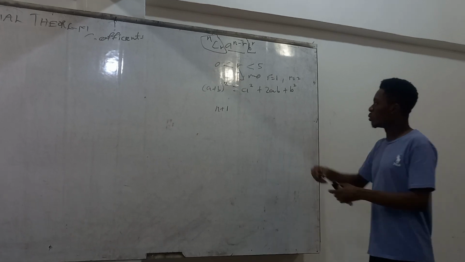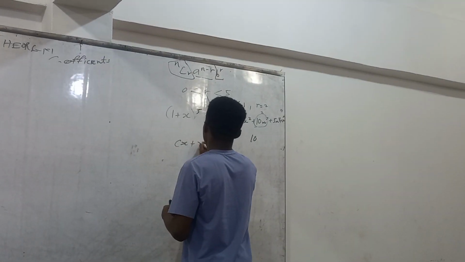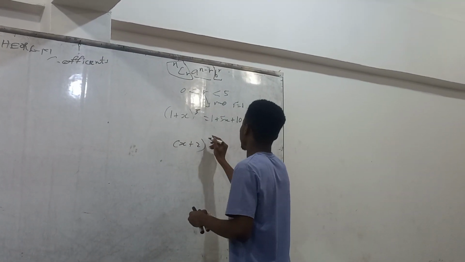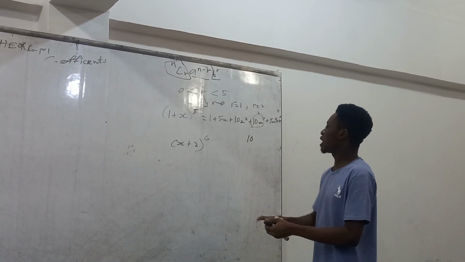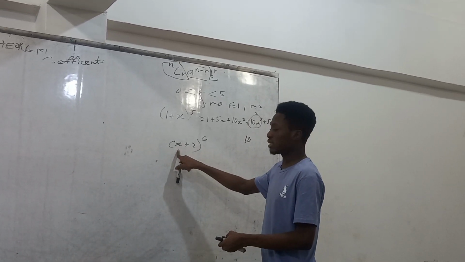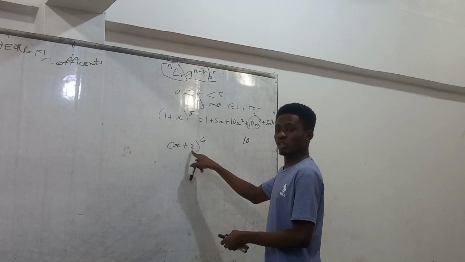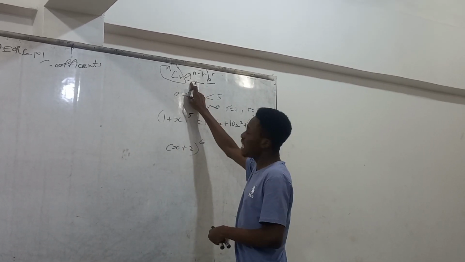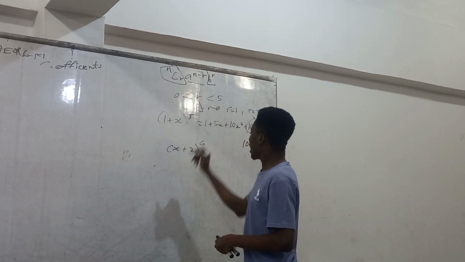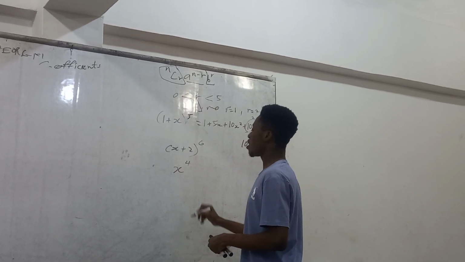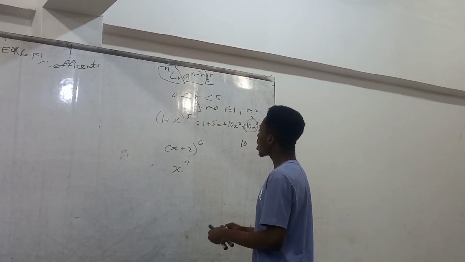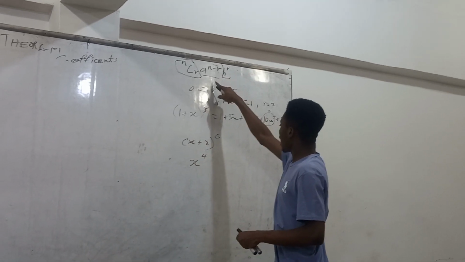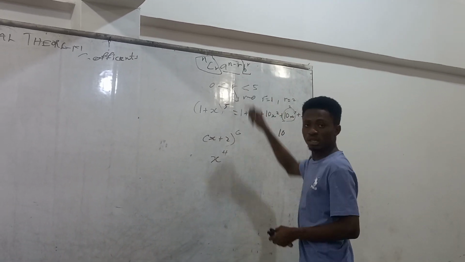Okay, so x to the power 6. This time around, the x is at this side, not this side. So with this, you know that the x is the a. Do you get it? And they are telling us to find x to the power 4. So now the x is the a, and the 2 is the b.